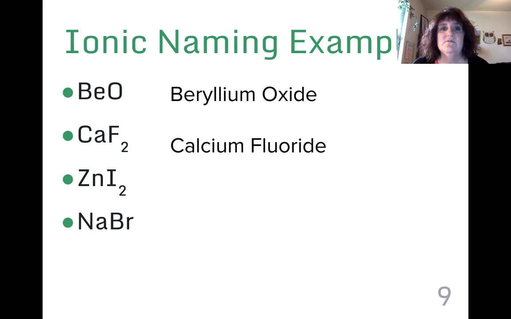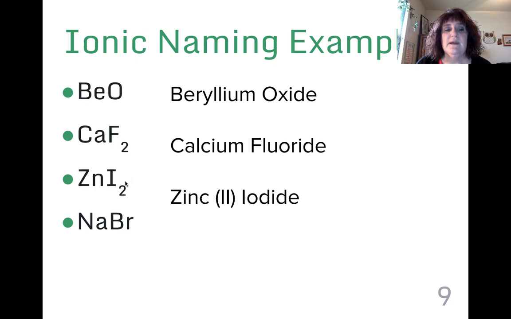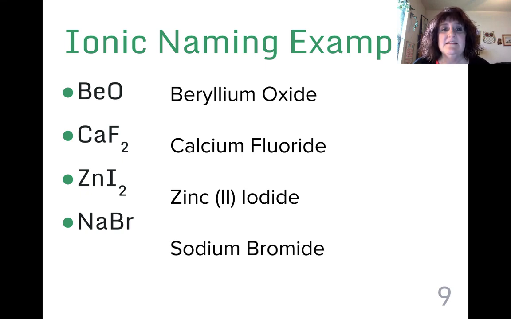ZnI2, Zn, little lights and buzzers should go off, that's a transition element, is zinc, and it is 2, right? That little 2, crisscross, go back up. Zinc 2 iodide. And finally, NaBr should be sodium bromide.